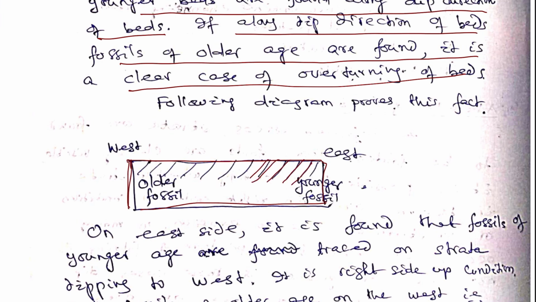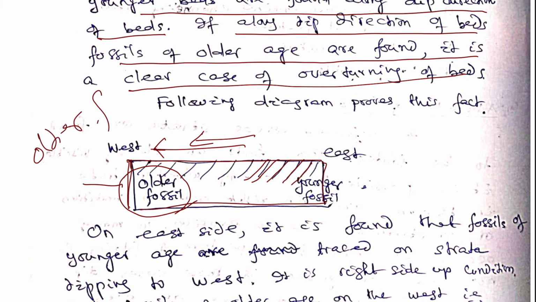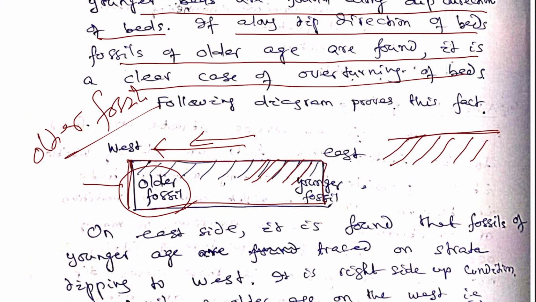the beds are dipping towards west. So if you move towards west, we will see that the beds occurring towards west must be younger in age. But here the fossils that we trace are older fossils. The fact is that at the time of formation of a bed, the organisms living at that time are trapped in the sedimentary beds and are fossilized.